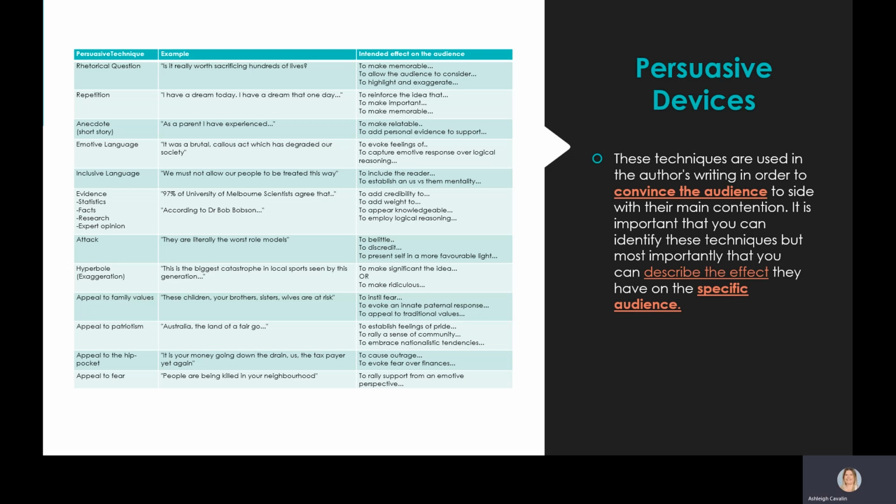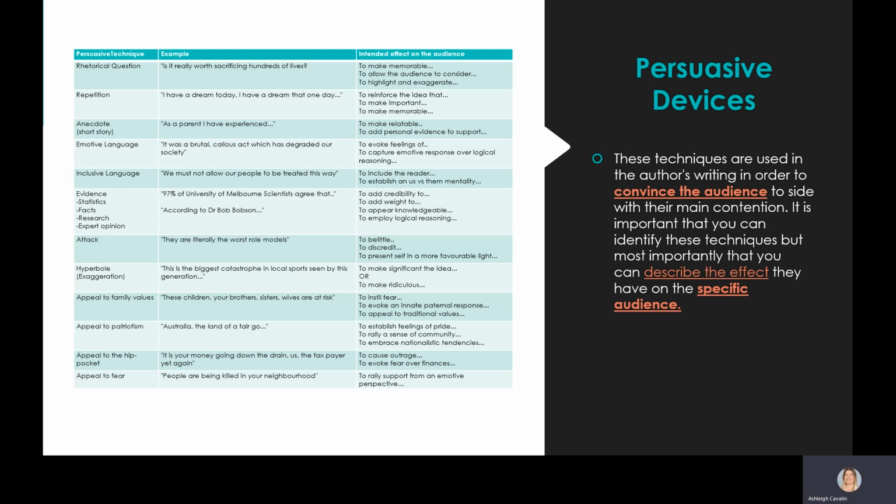So for instance, if we look at evidence, which may be statistics or facts or research, essentially the overall effect on the audience could be that it adds credibility to the argument. It adds weight to their point of view.